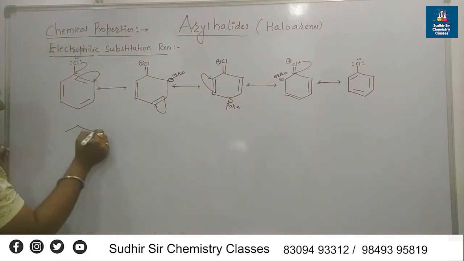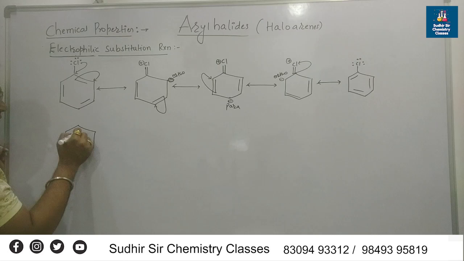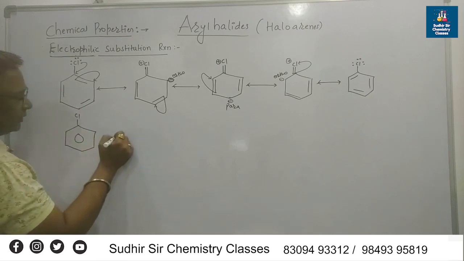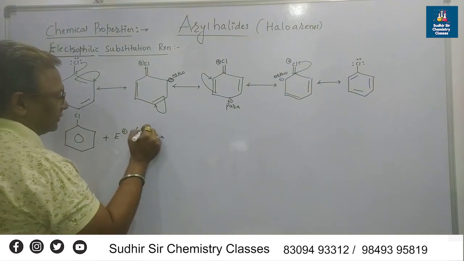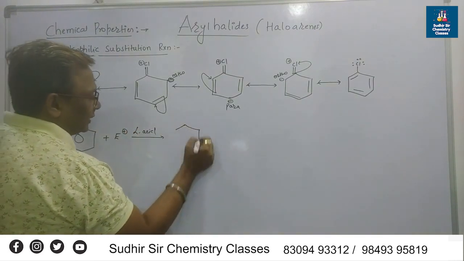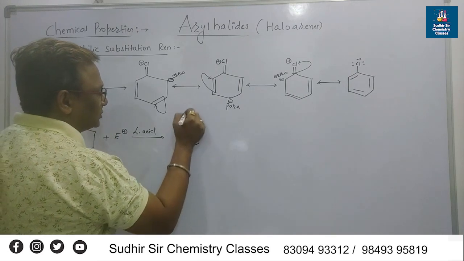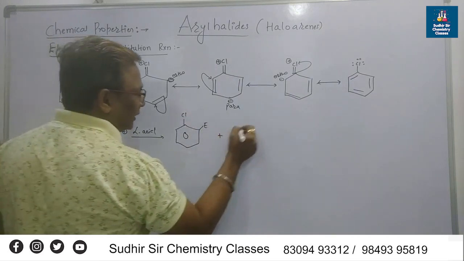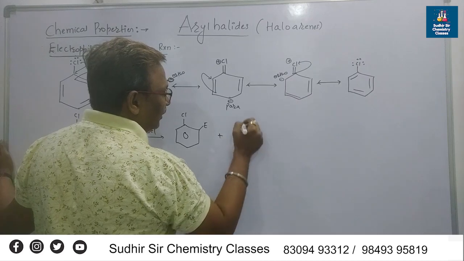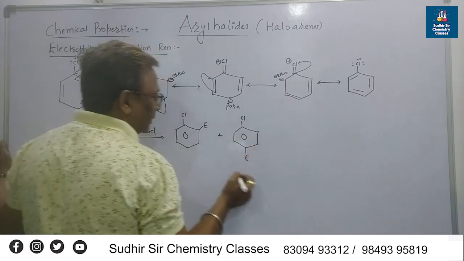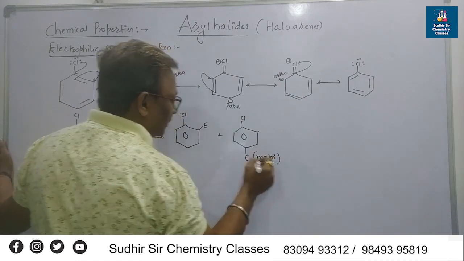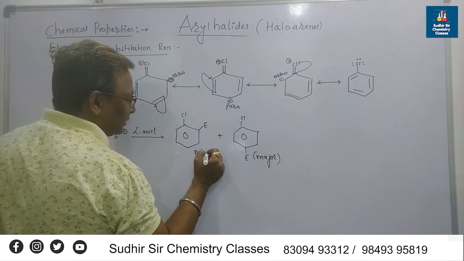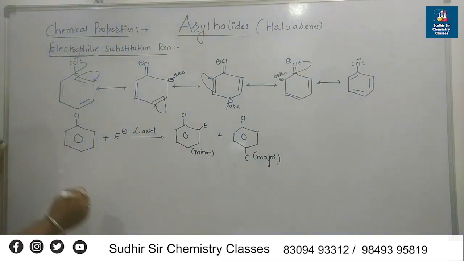If I take chlorobenzene and want to attack the electrophile over it in presence of a Lewis acid, my electrophile can attack either at the ortho position or at the para position. Among ortho and para, para will be considered the major product and ortho will be considered the minor product.